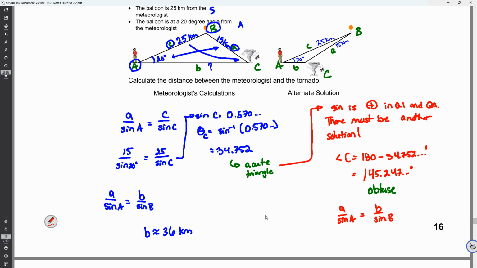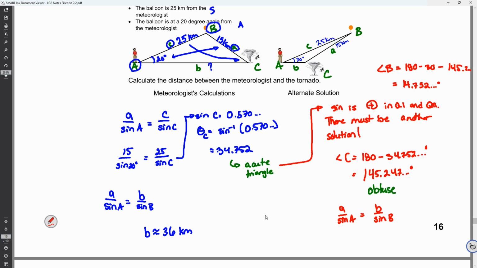So if we calculate our obtuse angle, if we do angle B for this case, we do 180 minus 30 minus 145.2 dot dot dot 752, we get this is equal to 14.752 degrees.